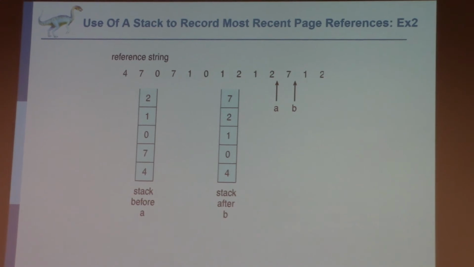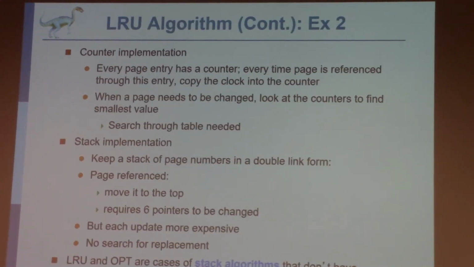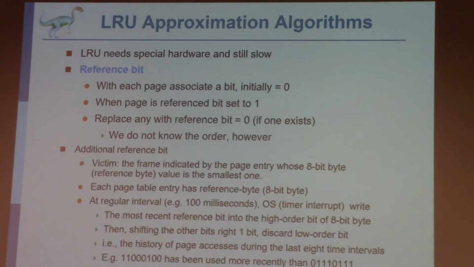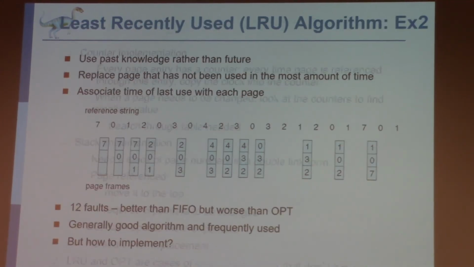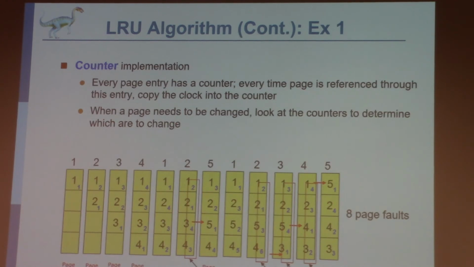So this is the summary of the last 2 algorithms. The approximation is that we are not going to consider, for example, the problem of the counter: if 1 is accessed frequently, you need to manage it all the time. The more page frames you have, the longer time you need to manage.